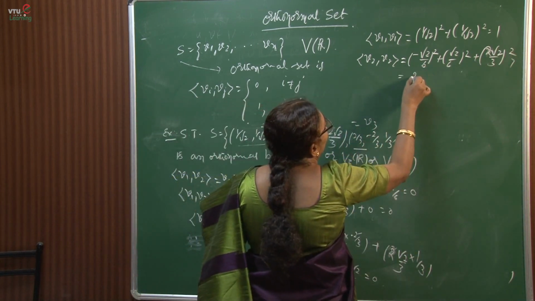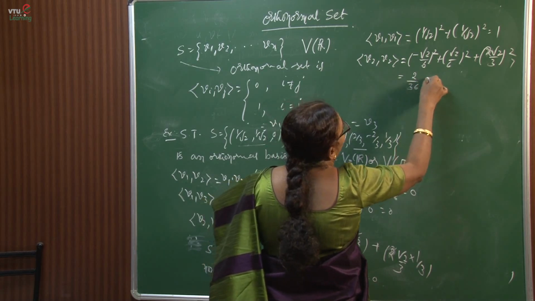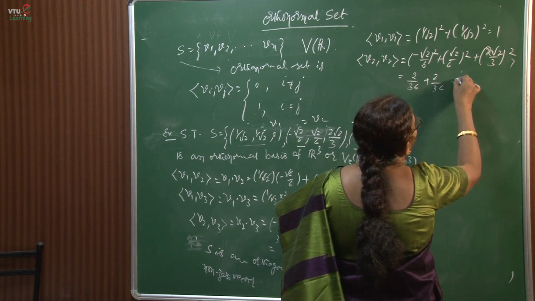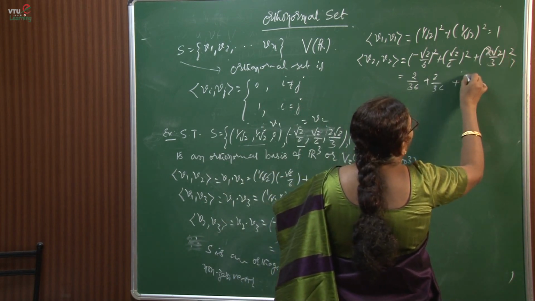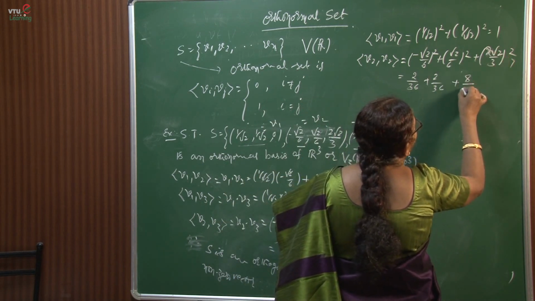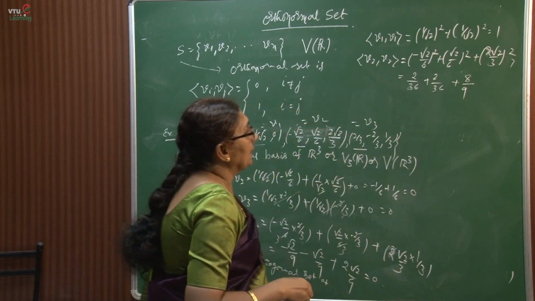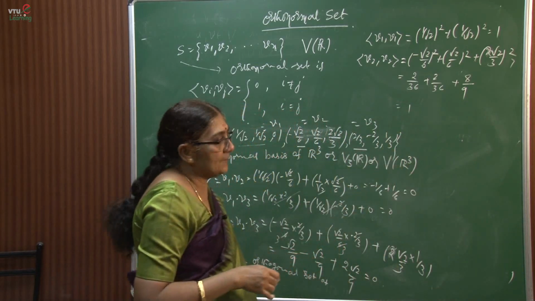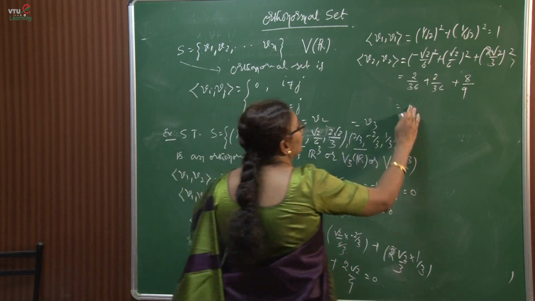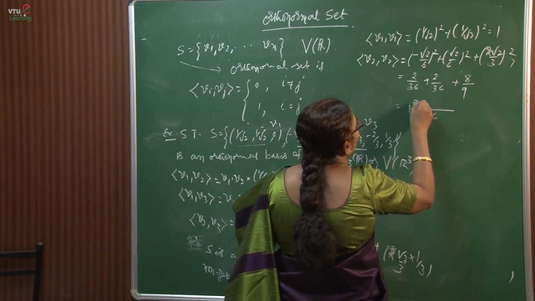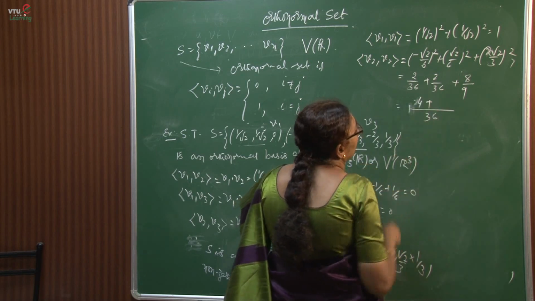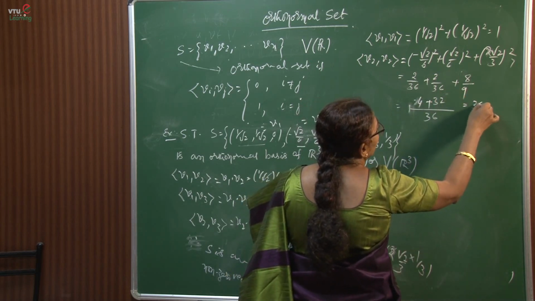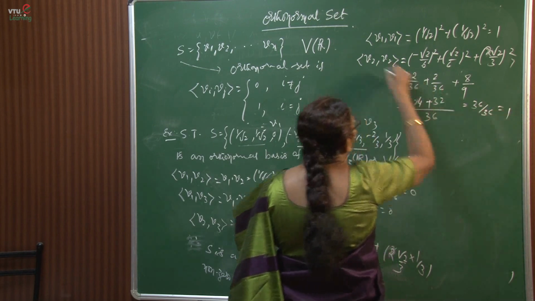What is 2 by 36? 2 by 36, and this value is nothing but 4 2s are 8, 8 by 9. Simplify that and then we get definitely 1. You take LCM, 36 is the LCM. You need 2 plus 2 is 4. Now 32. What we get? 36 by 36 equal to 1.